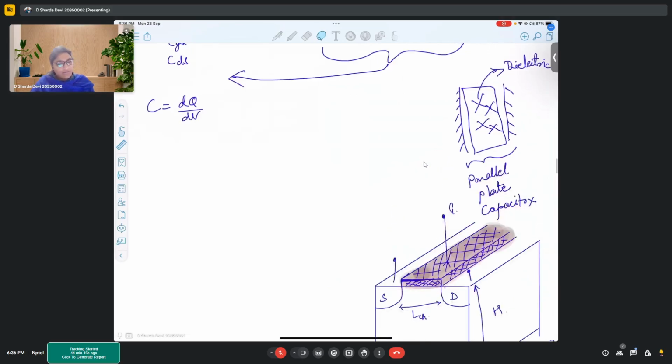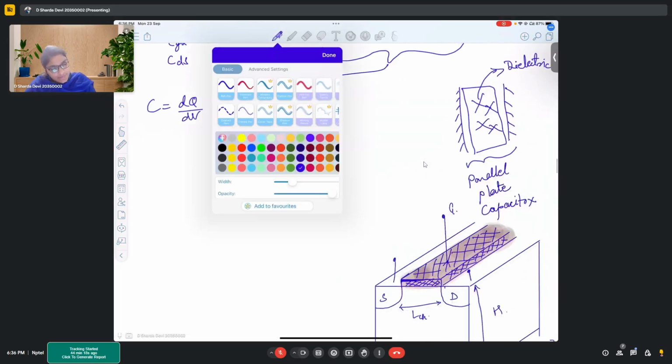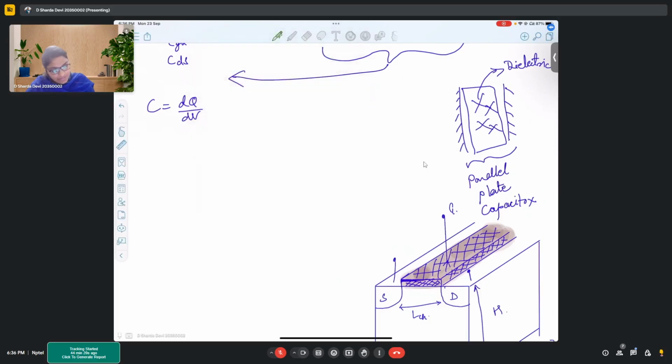From here we write our gate capacitance as Cox, epsilon A by D. We all know it as epsilon A by D, right? But the thing is, we generally talk about per unit area capacitance.